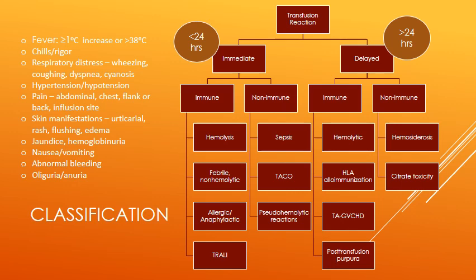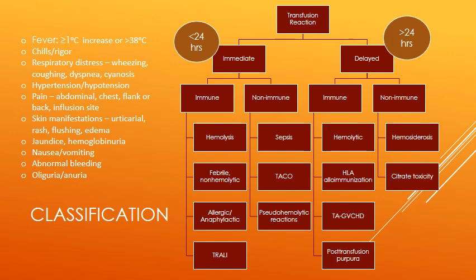But when we give a transfusion, what are the signs that tell us that a reaction is occurring? Well, the clinical signs. We've gone through this before, but just to go through the list again, you can see here on the left the symptoms include fever, chills, or rigor, meaning joint pain, respiratory distress, where the patient is coughing, wheezing, or having trouble breathing.